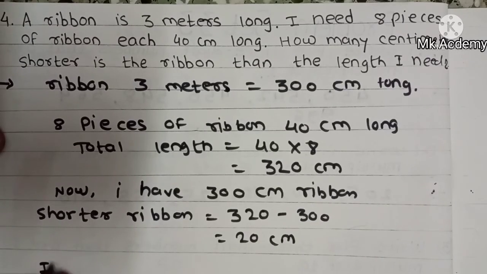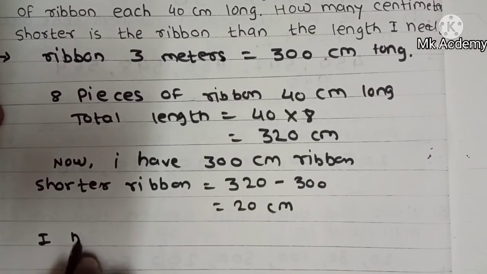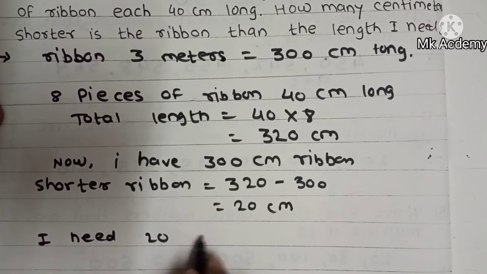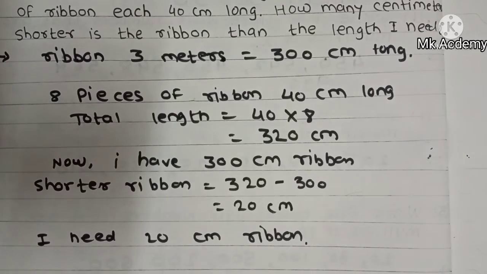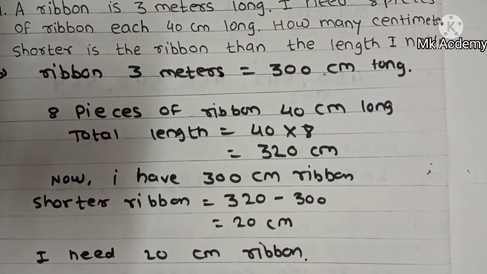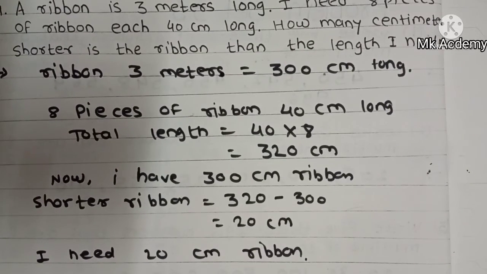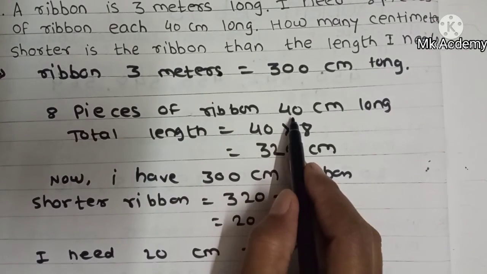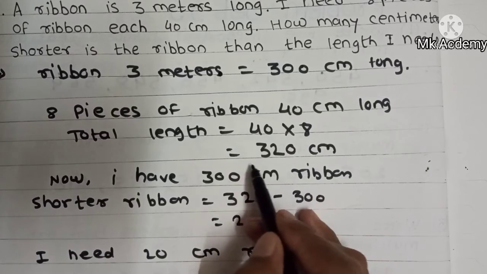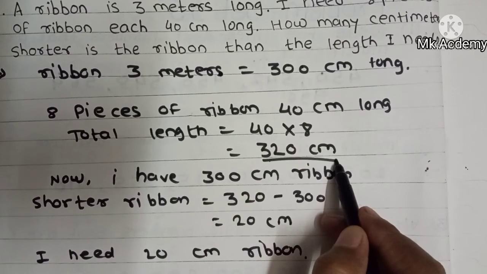I need 20 centimeter ribbon. Understood? In this example, we are given a 300 centimeter long ribbon and I have to make 8 pieces of ribbon, each 40 centimeters. 8 pieces of ribbon each 40 centimeters means the total ribbon required is 320 centimeters.